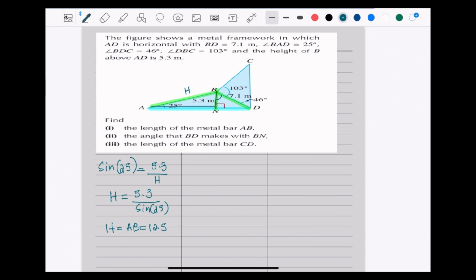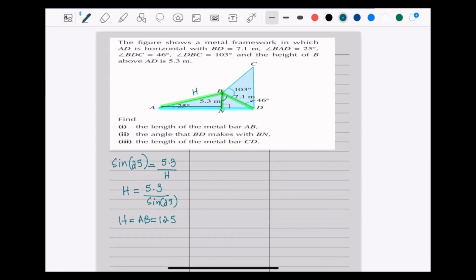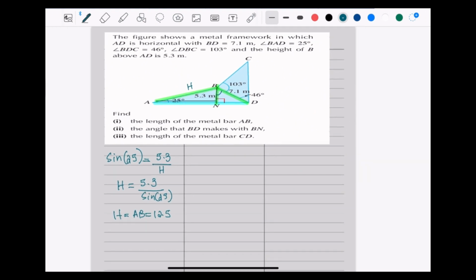So I need, according to this angle, and it's a right angle triangle, we still have trig ratios in play. According to this angle, BN is 5.3, which is the adjacent, and BD is the hypotenuse.